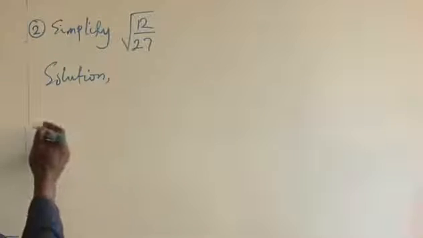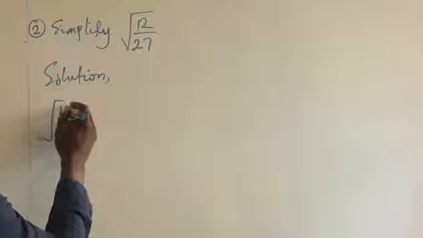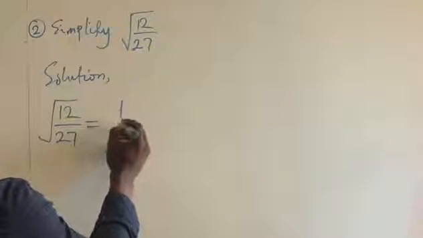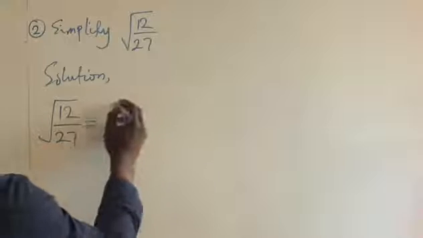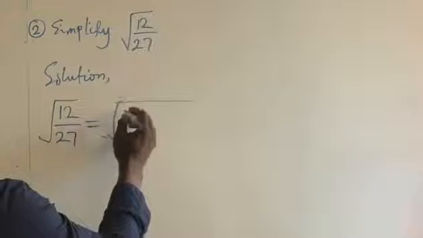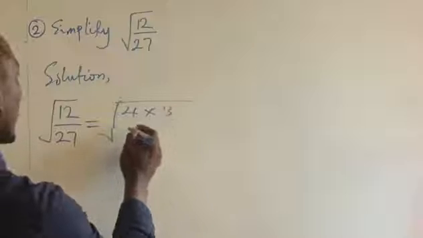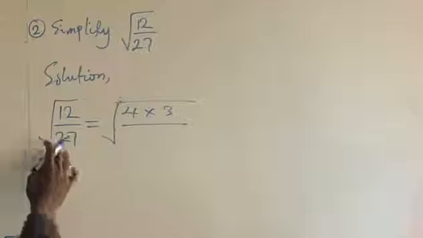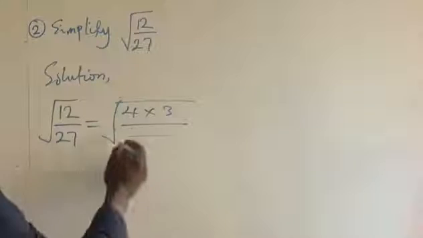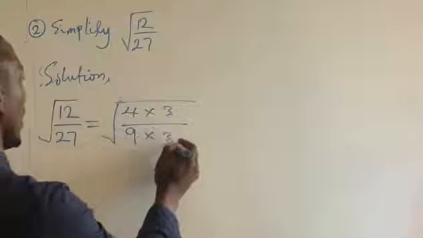So solving it directly, we have square root of 12 all over 27 equal to square root of, so express this as a product of a perfect square and a non-perfect square number. So we have 4 multiplied by 3 all over, also 27 as a product of a perfect square and a non-perfect square, that is 9 multiplied by 3.